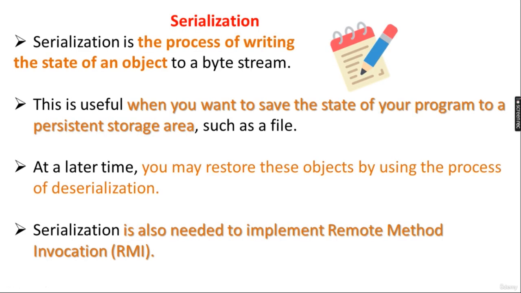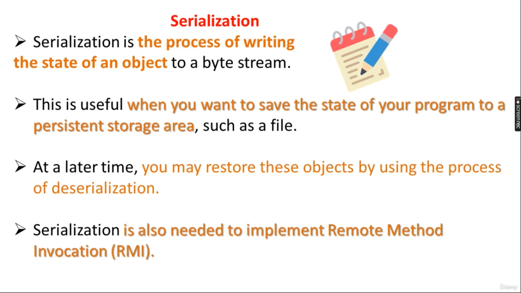Okay. Then we will go with serialization. It's the process of writing the state of an object to a byte stream. Okay. So what is serialization? Basically, it is the process of writing the state of an object to a byte stream. Why is it useful? What is the advantage of this?